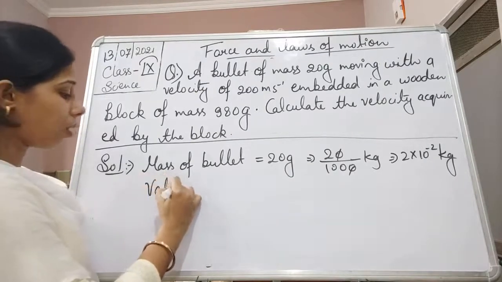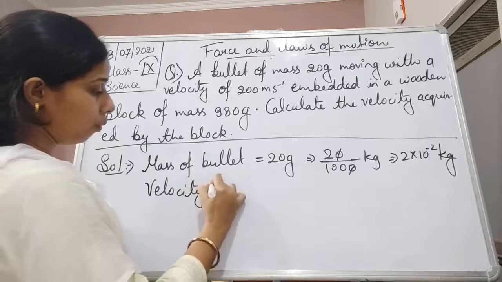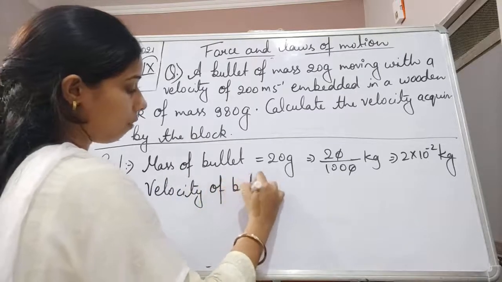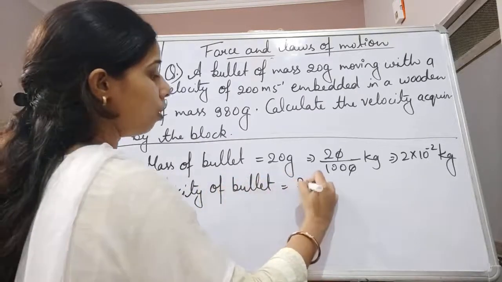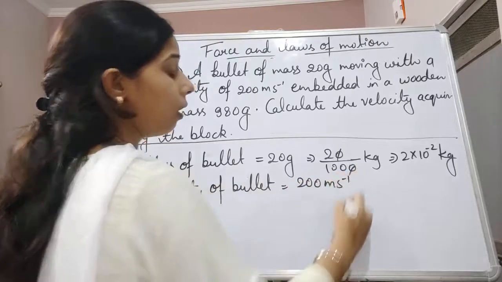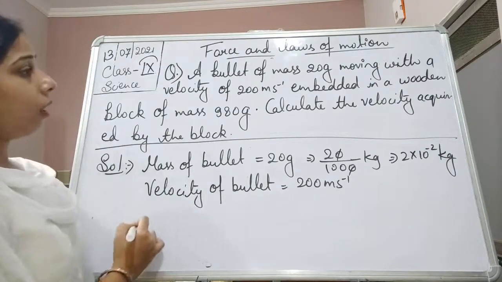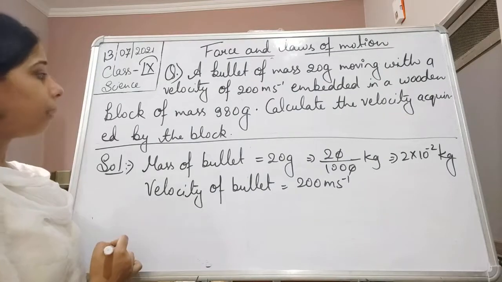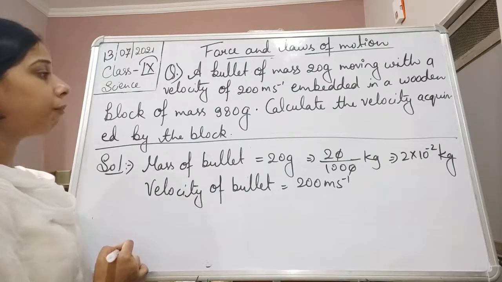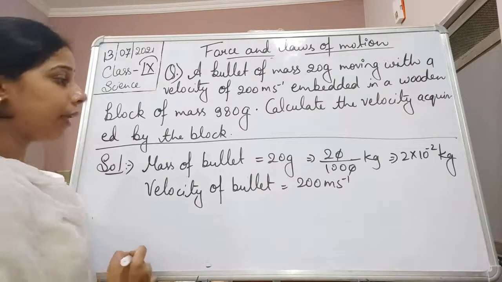So the velocity of the bullet is equal to 200 meter per second. Then this bullet is embedded in a wooden block of mass 980 gram.